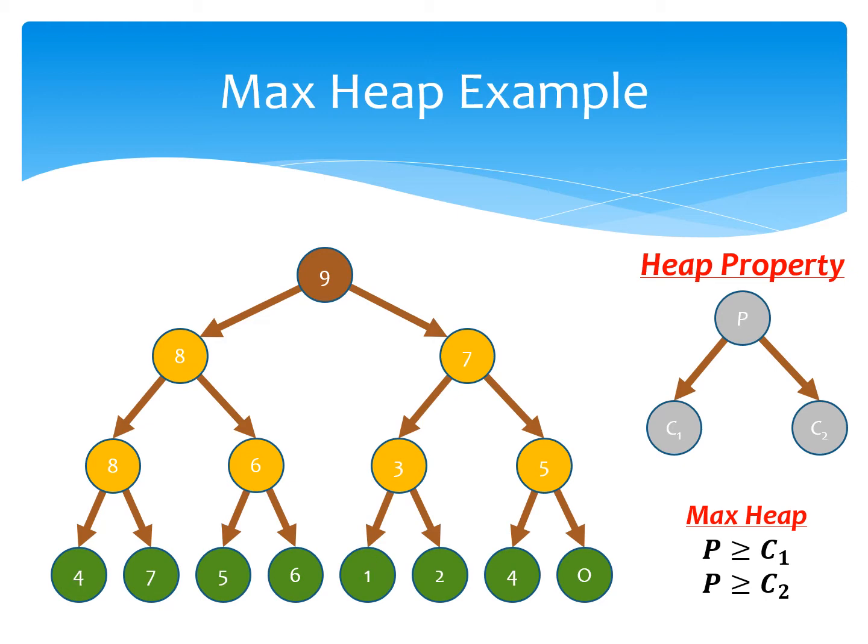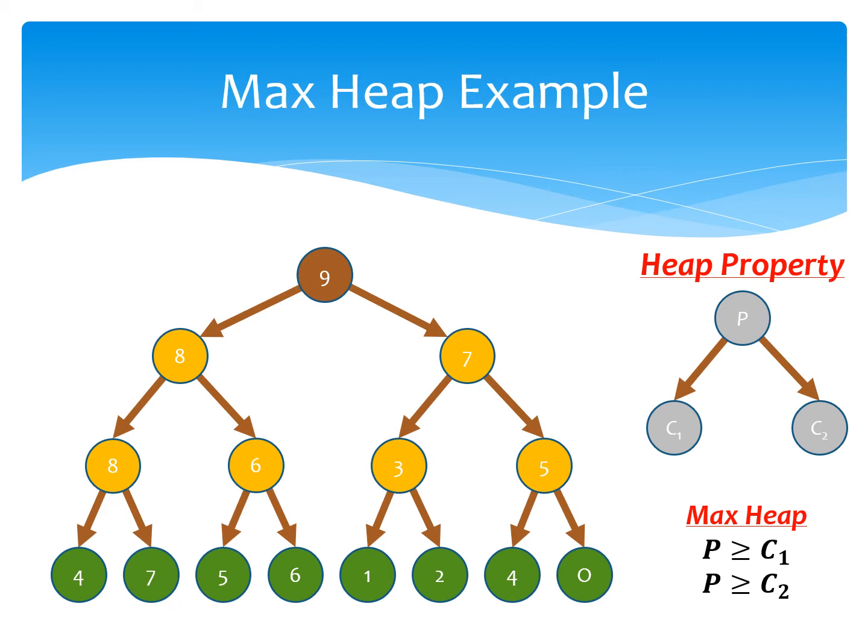As you can see on the right of the screen, the symbol P represents a parent node, and symbols C1 and C2 represent child nodes. The property of the max heap is that the key of P is always greater than or equal to that of its child nodes.